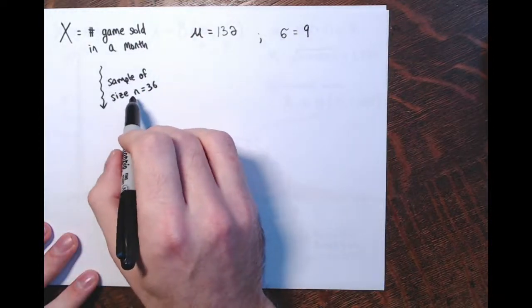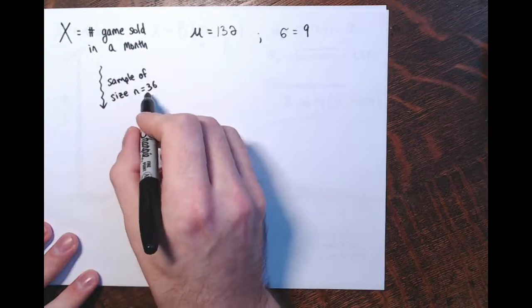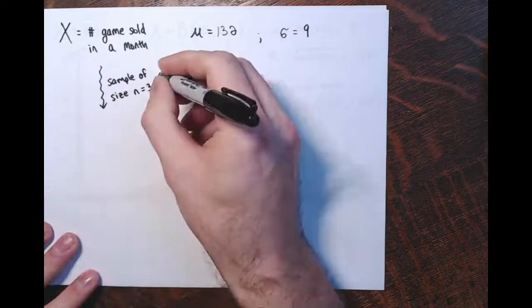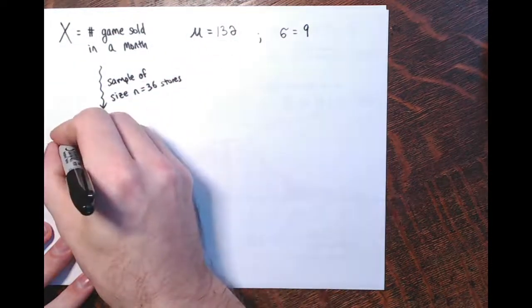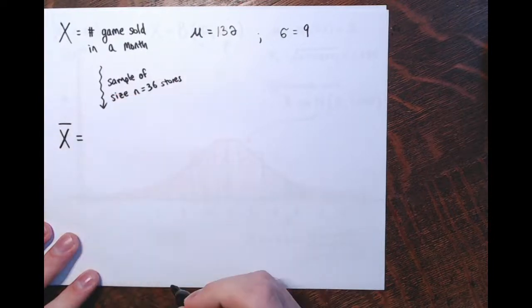So I take a sample of size 36, and then we look at the average, how many games on average did these 36 stores sell? We're going to look at this new variable called X bar.